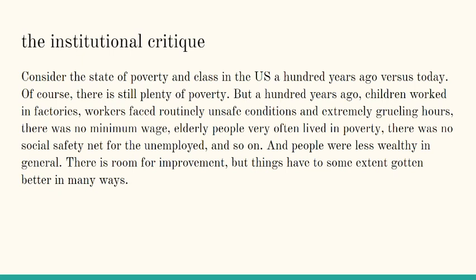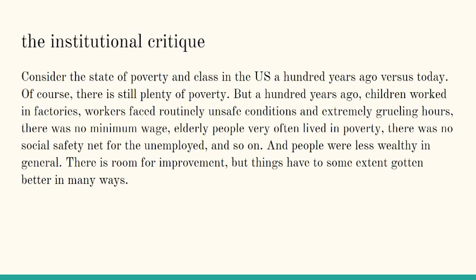Now, of course, there's still poverty, but things were a lot worse 100 years ago. There was lots of child labor. Worker conditions were much less safe. Workers had to work much longer hours. Ordinary workers, without any minimum wage or other sorts of labor protections. There wasn't any social security, so it was much more common for elderly people to be impoverished.